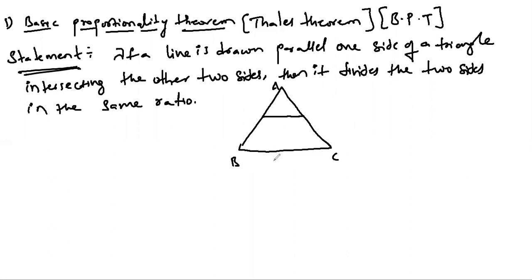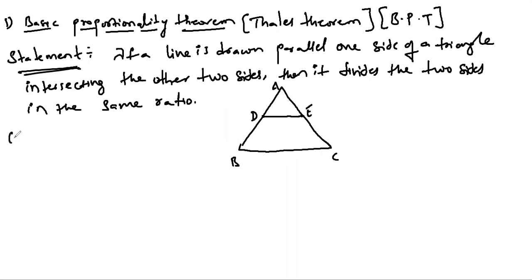But our convenient way is drawing it like this, D and E. So this is parallel to this, and this line is intersecting the other two sides of the triangle. Then, from here you need to prove it divides the two sides in the same ratio.